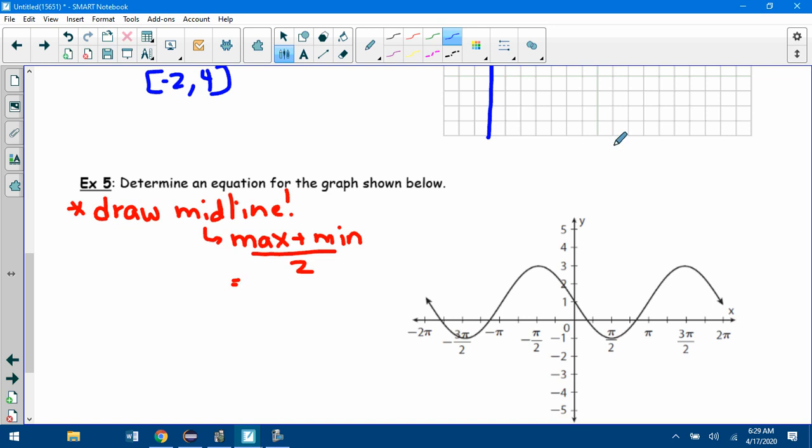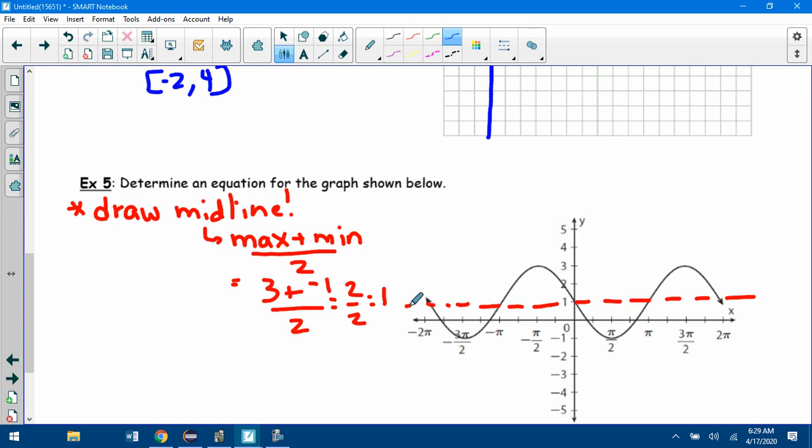The maximum, it looks like it's hitting, is 3. The minimum is -1, divided by 2. So that's 2 over 2, or 1. And that's probably what you would have eyeballed if you were guessing on the midline.